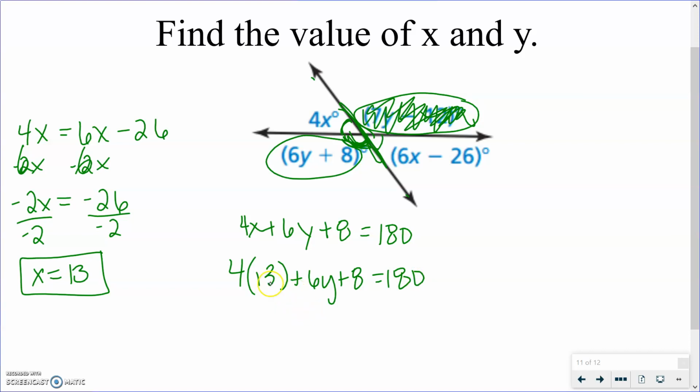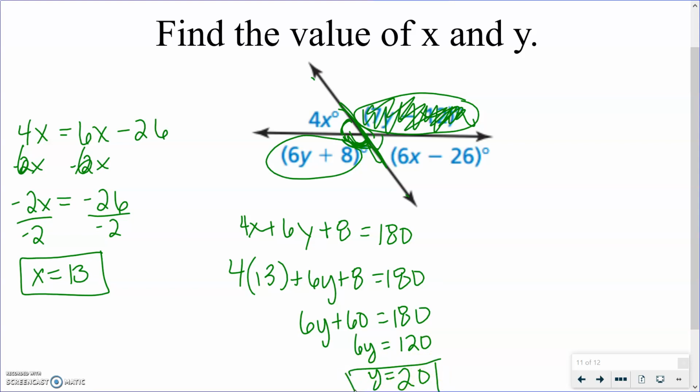And if I do 4 times 13, that's 52, plus 8 is 60. So I get 6y plus 60 is 180. So 6y is equal to 120. So y is 20.